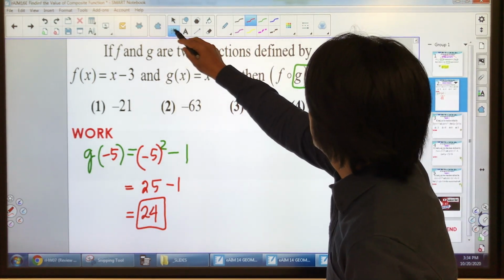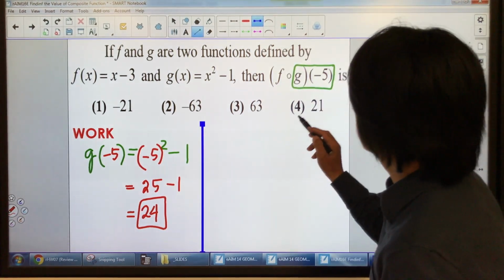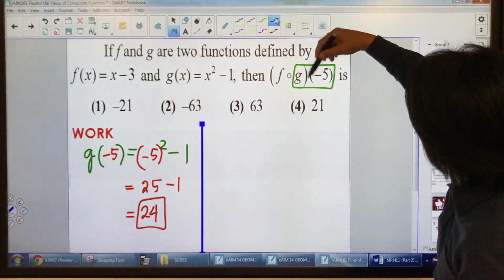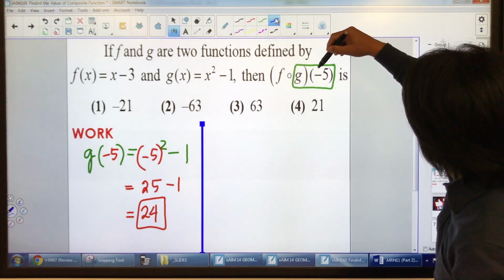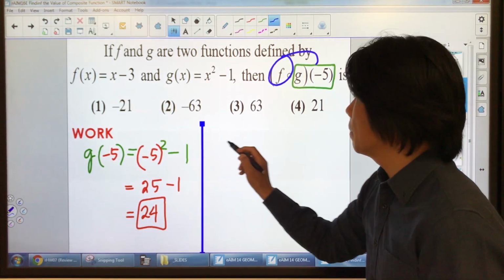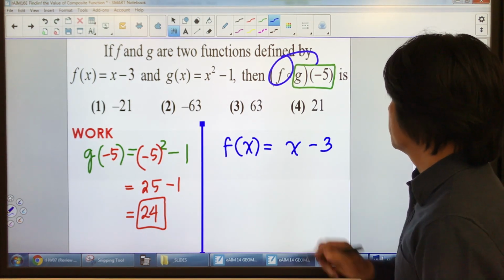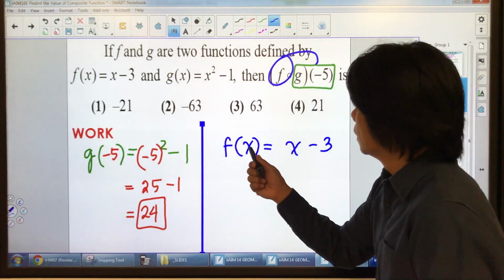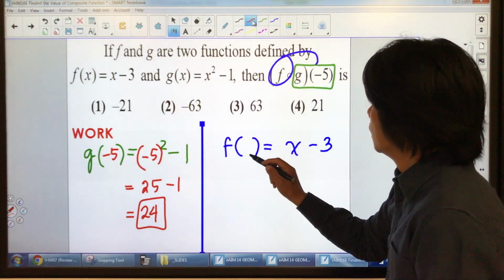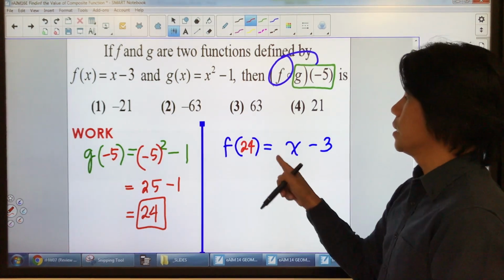The second part, let's separate these two works. Whatever value you found for g of negative 5, you have to substitute into f of x, which means we need to copy f of x equals x minus 3. Now we need to erase the x and substitute what? 24, not negative 5, but 24, because this is a continuation.